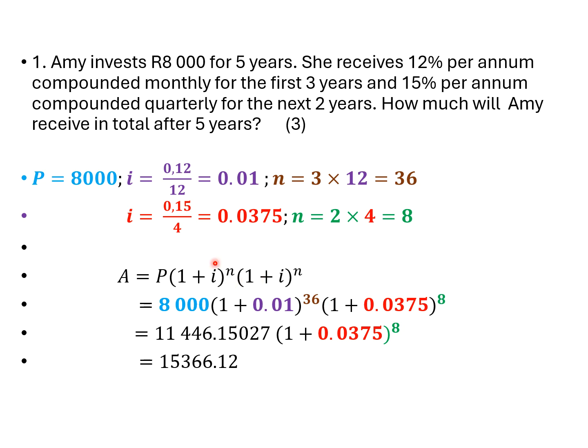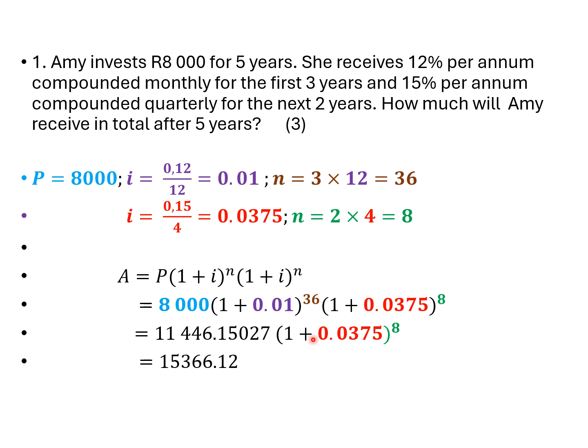Then for the second period, my i is 0.0375 and N equals 8. So if I punch that in the calculator, you see there, for the first 3 years my money, with that interest rate, grew to 11,446.15027.